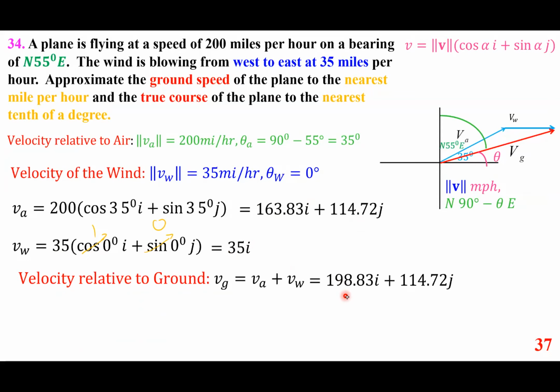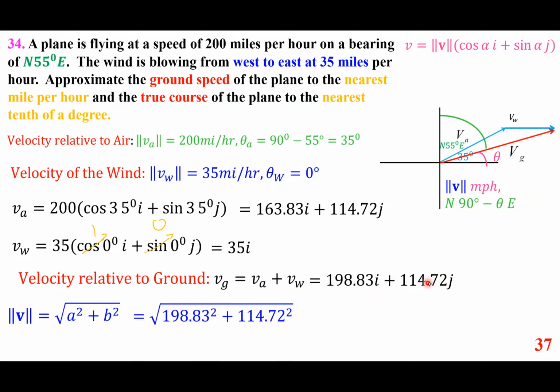114.72j. To find the magnitude, remember the magnitude is the square root of a squared plus b squared. So we raise this to the second power, we raise this to the second power, we add them up, and the calculator gives us 230 miles per hour.